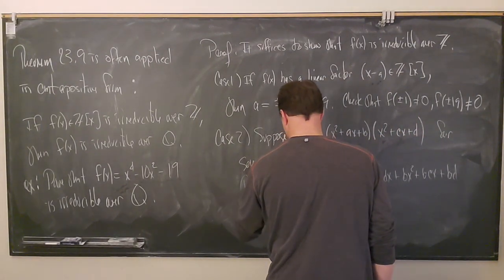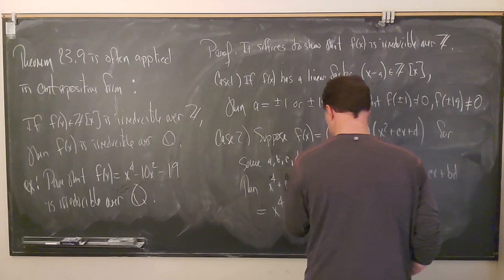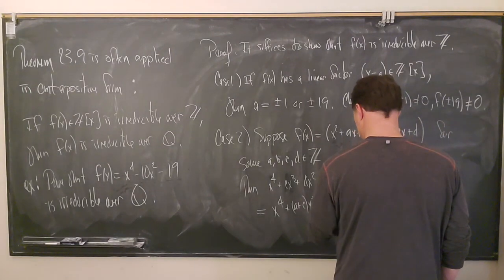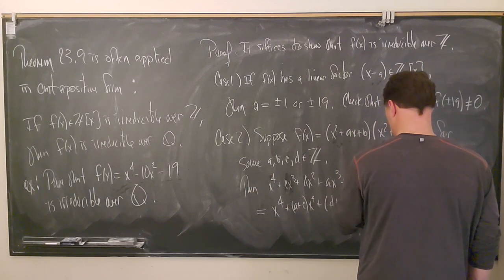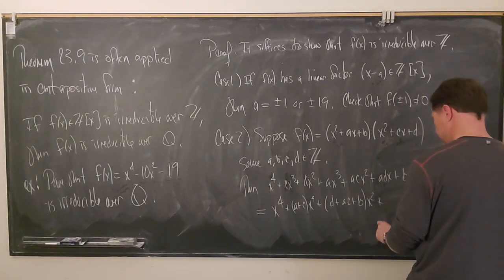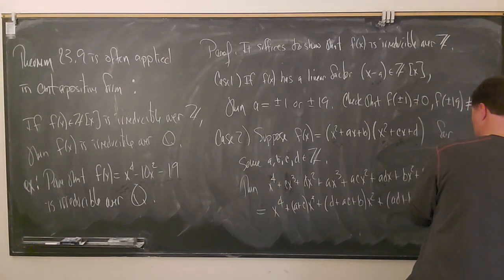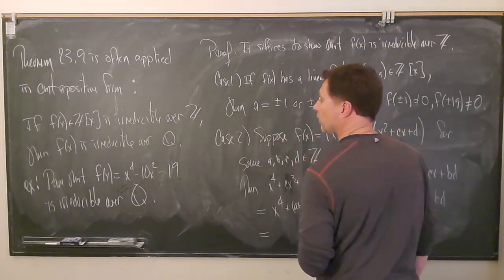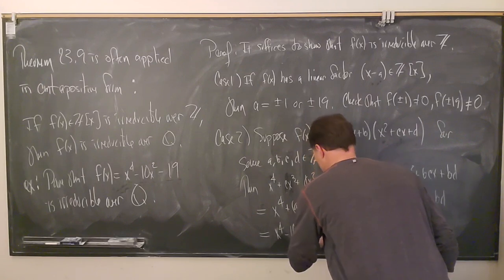Collecting all the terms, this is x to the 4th plus (a plus c)x cubed plus (d plus ac plus b)x squared plus (ad plus bc)x plus bd. And this has to equal our original polynomial, which is x to the fourth minus 10x squared minus 19.